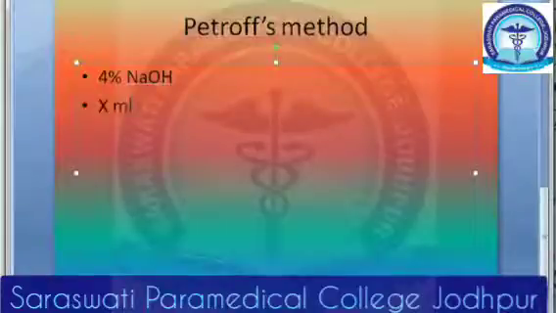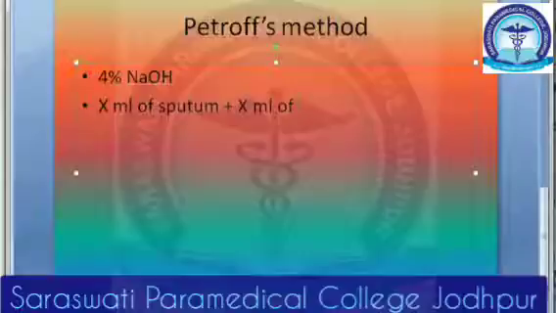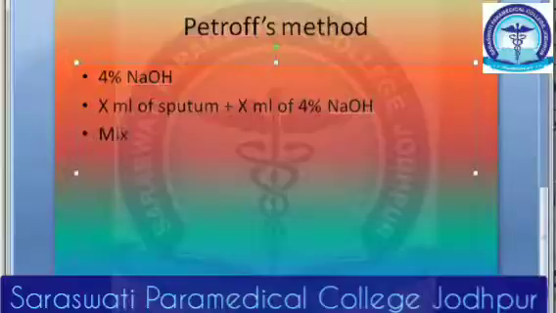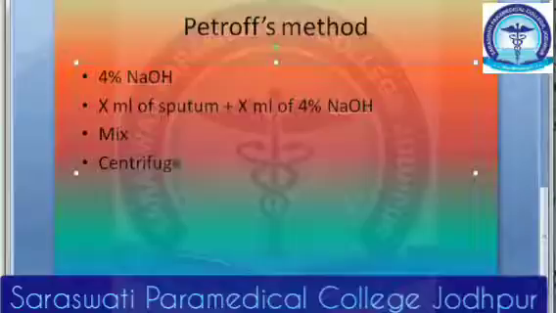So you will take X ml of sputum plus X ml of 4% NaOH, mix thoroughly and then centrifuge it.